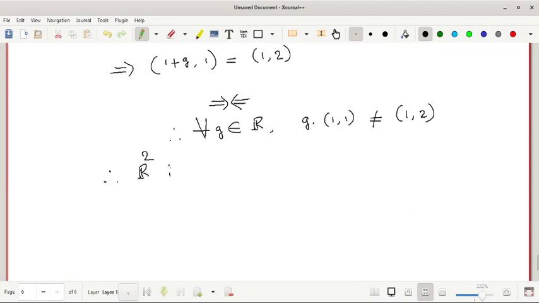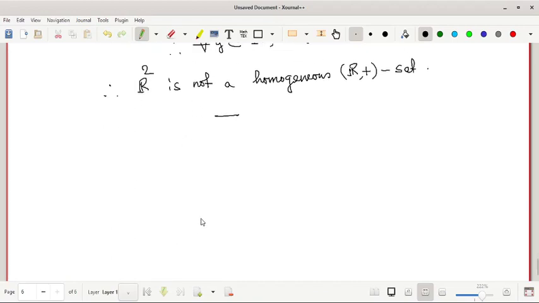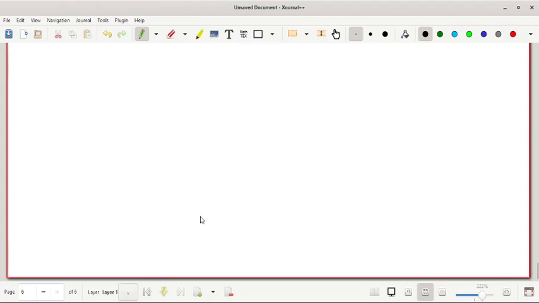That means R2 is not a homogeneous R-set under this action. Okay. So you can try with other actions that we have defined. We have given examples, so you choose an action and try. Let us try with this simple case.